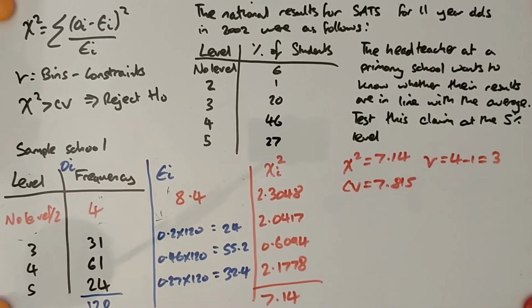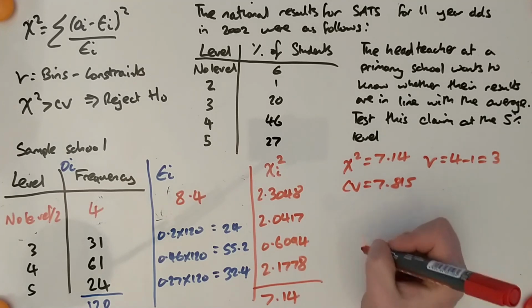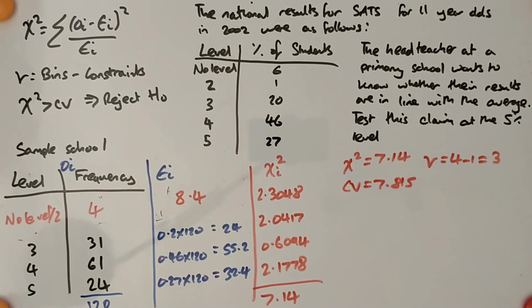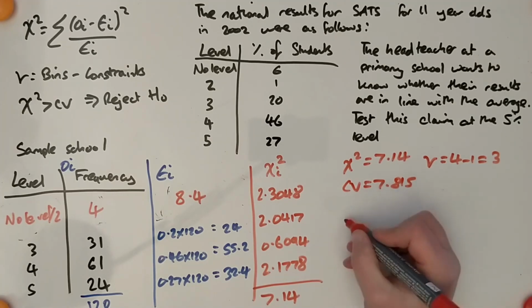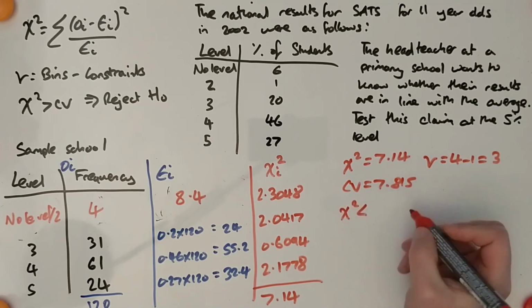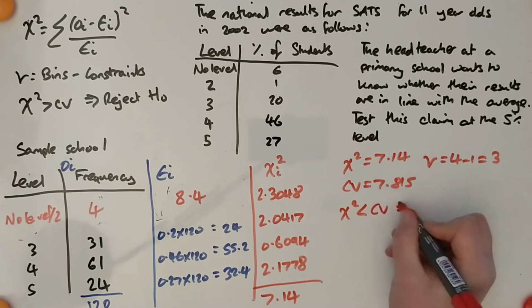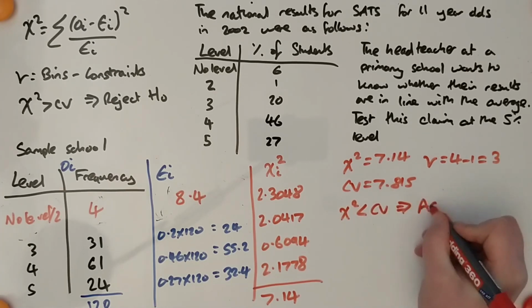Then construct the test as normal. I haven't written the hypothesis again, I'll add that in later. So chi-squared is less than my critical value. That means I am accepting H0.